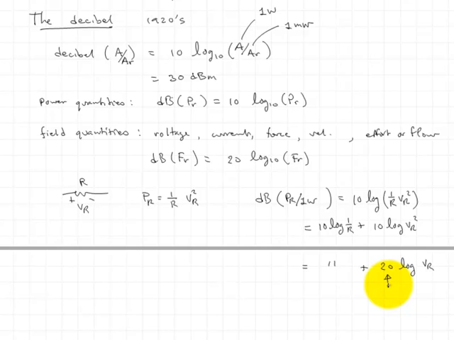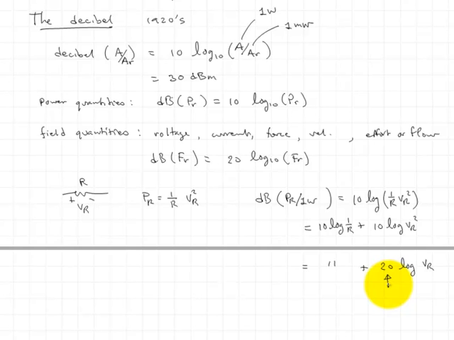Like in a resistor, it's V squared over R, or I squared times R. Similarly, for a viscous damper or air drag, the power loss would be proportional to velocity squared, or flow, or force squared, or torque squared, etc. And so the convention is that when we represent some field quantity in decibels, we use 20 times the log of that quantity.